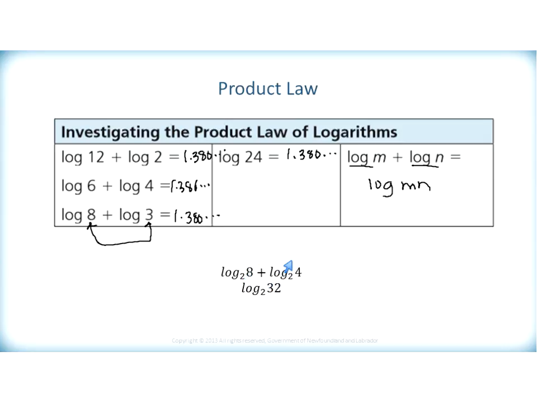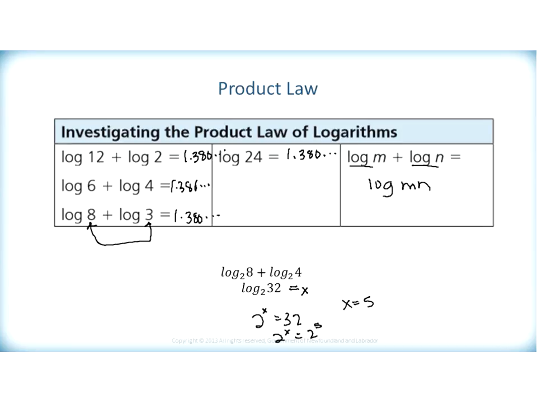We can multiply the 8 and the 4. That will give us, as a single logarithm, log 32 base 2, which we could set equal to x. That would be 2 to the power of x equals 32. So 2 to the power of x equals 2 to the 5, and x would equal 5 in this case.